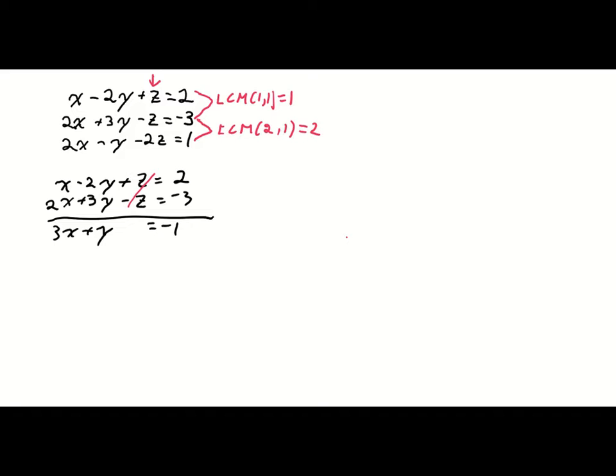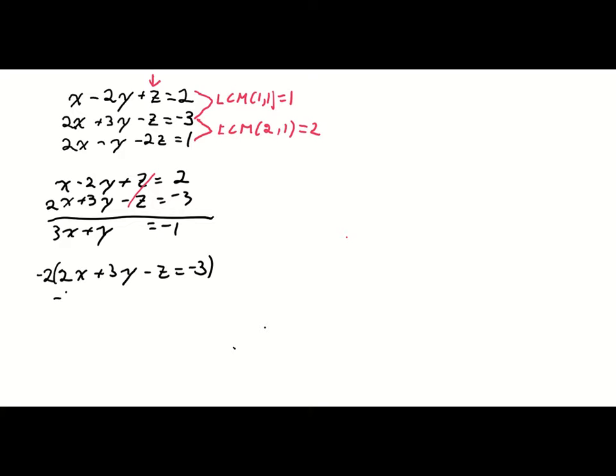Since our first equation is already, sorry, not the first one. If the second equation already has a negative 2, we want to make the middle equation there a positive 2. So to make a negative 1 into a positive 2, we need to multiply by negative 2.